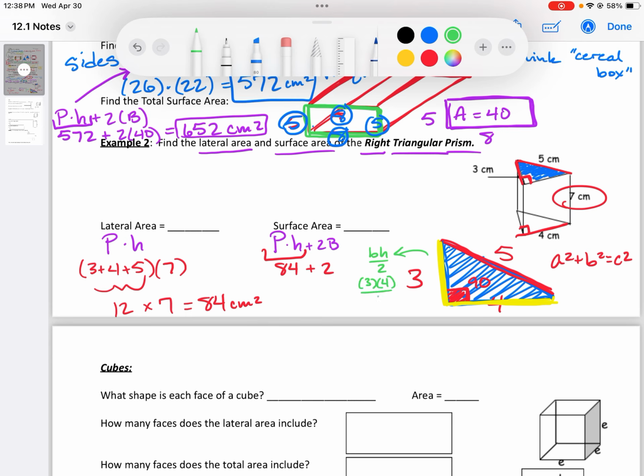So 3 times 4 over 2, which is 12 over 2, which is 6. So the area of this triangle is 6. So 84 plus 2 times 6. That's 84 plus 12. And so altogether it equals 96 square centimeters.